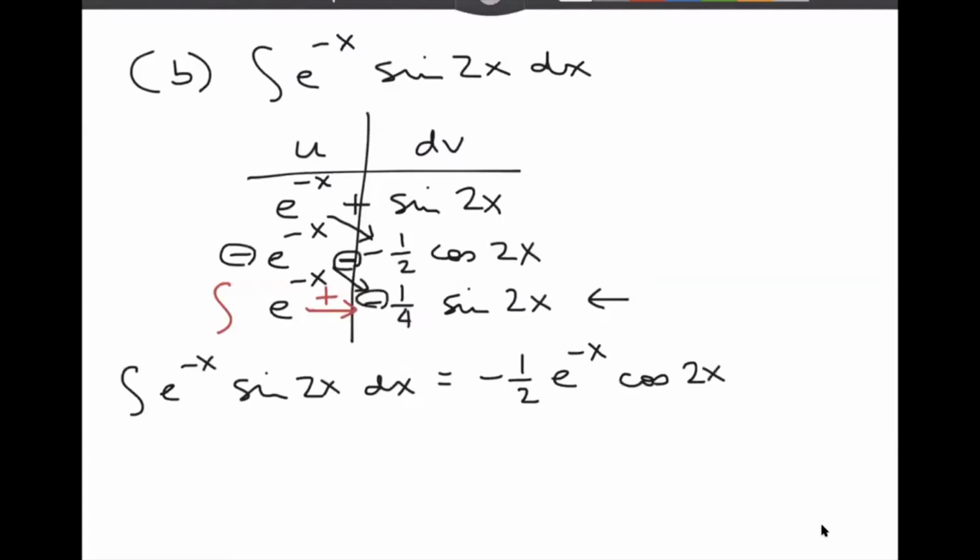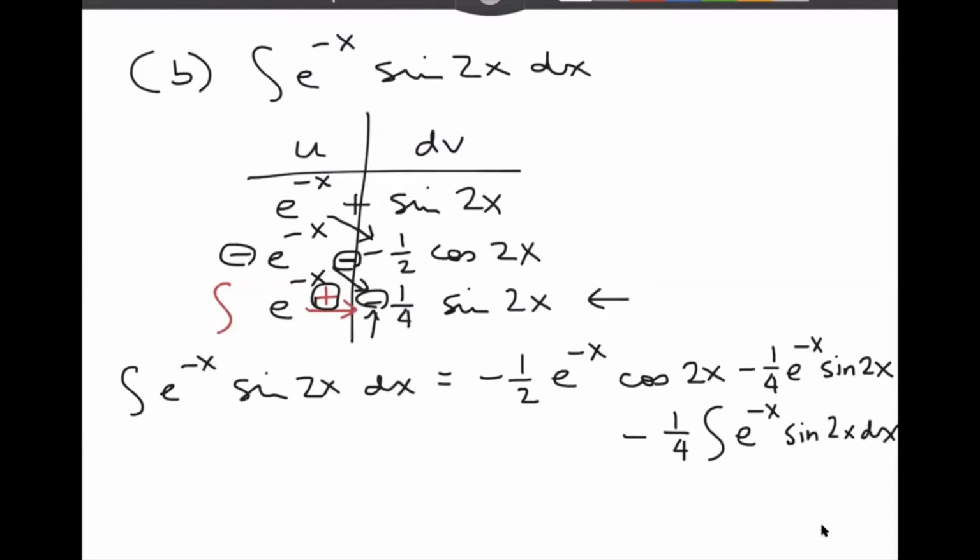So that's going to be minus 1/4 e to the negative x sine 2x. And then it's, okay, this is by default a plus, but we do have a minus right there. So that's going to be minus 1/4 the integral of e to the negative x sine 2x.